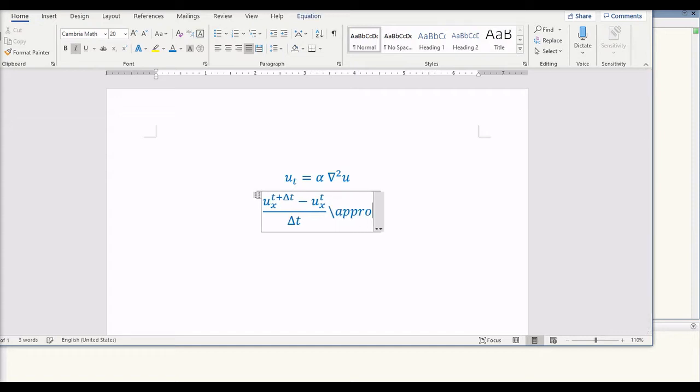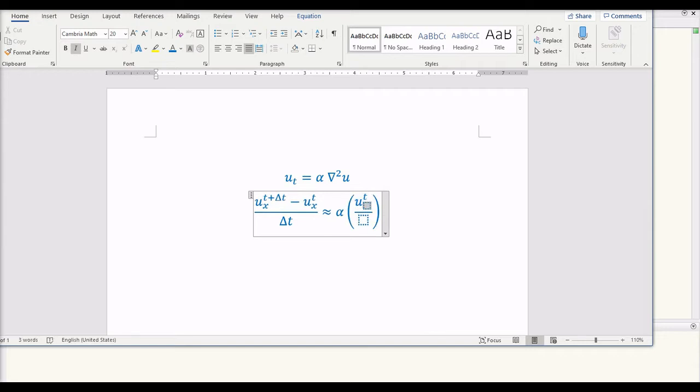So then we're going to have approximately equal to alpha. And then we're going to use a finite difference method approximation for the second order partial derivative of u with respect to x. So this is going to be evaluated at time t.